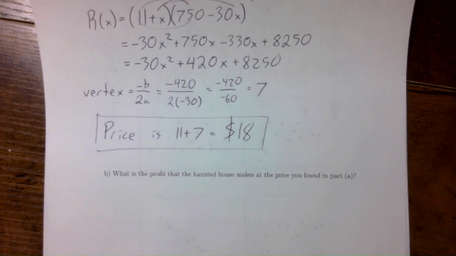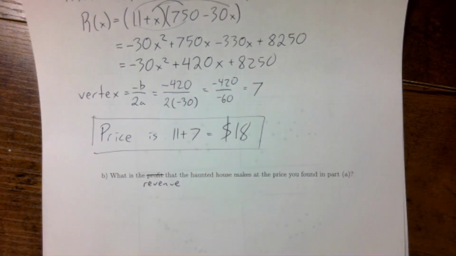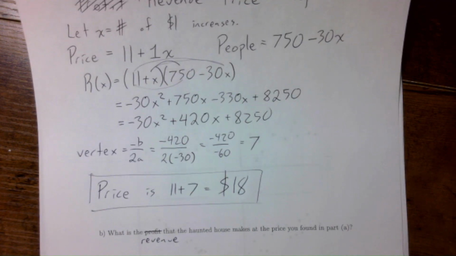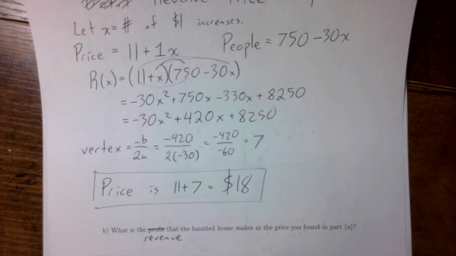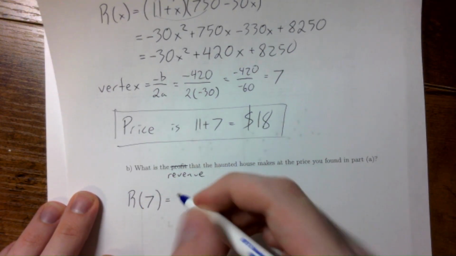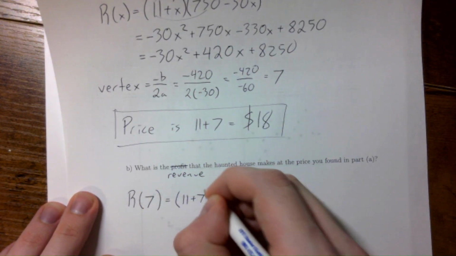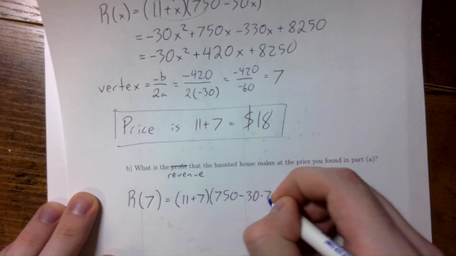For part B, we are asked, what is the profit that the haunted house makes, or in this case, what is the revenue that this haunted house makes at that price? Well, our revenue is this function, and x is 7, so we're going to figure out what is R of 7. That is 11 plus 7 times 750 minus 30 times 7.